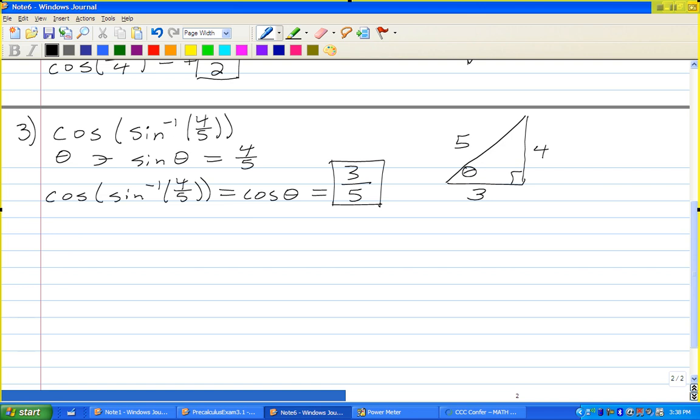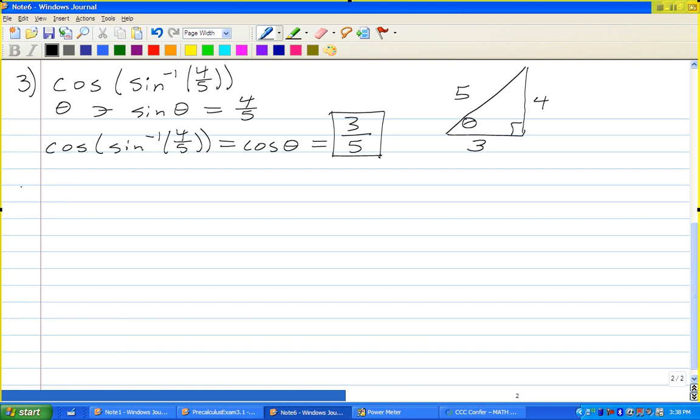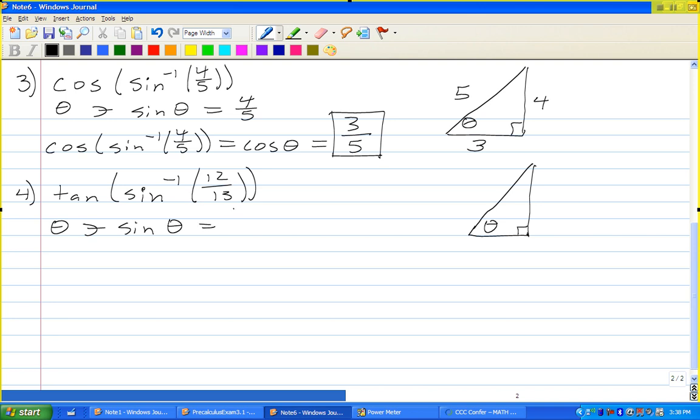Let me do problem number 4. Tangent of inverse sine of 12 over 13. So let me draw a right triangle. I want theta such that sine of theta is 12 over 13, opposite over hypotenuse.